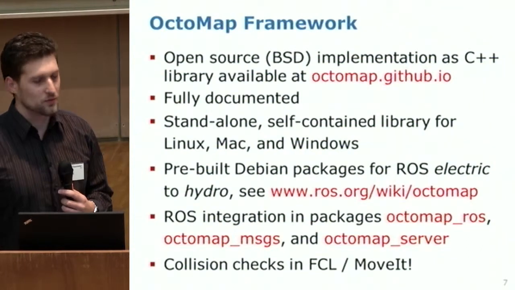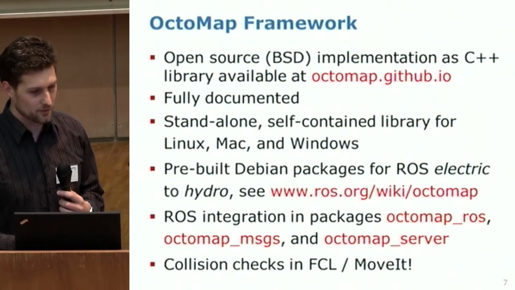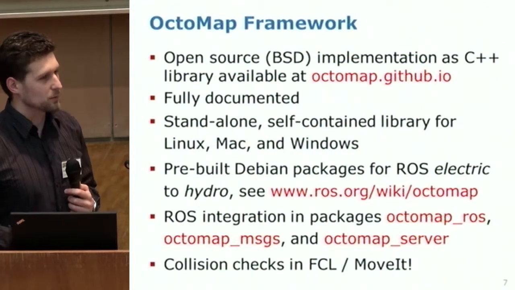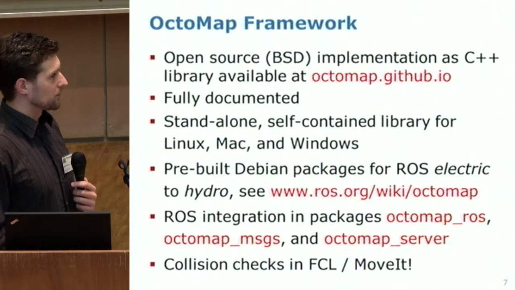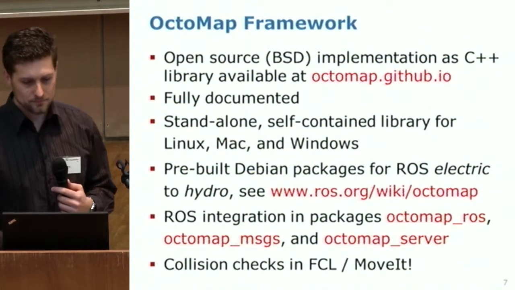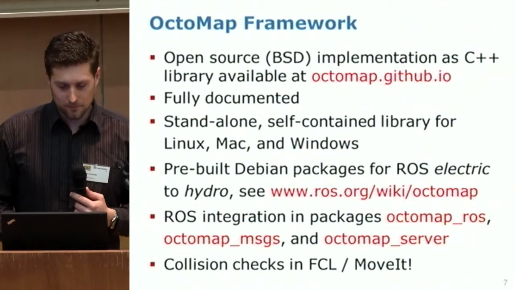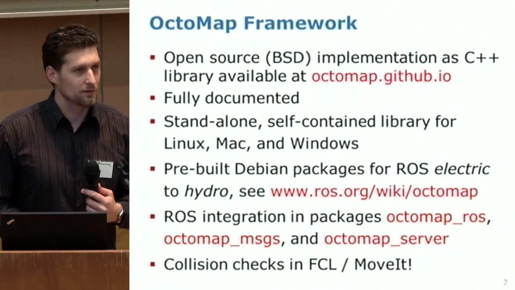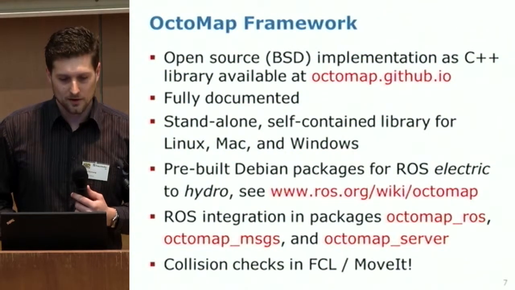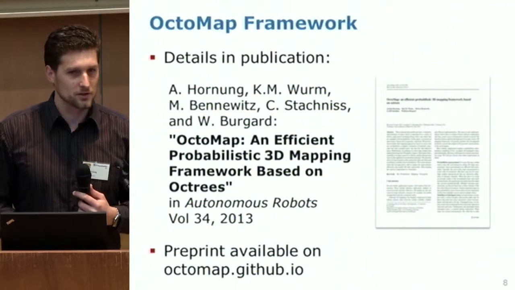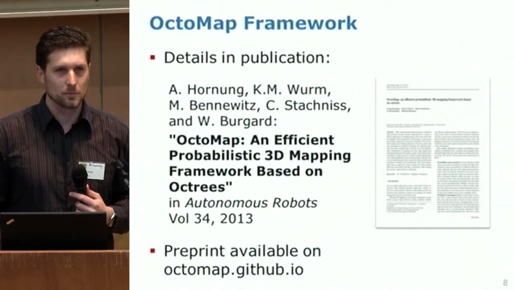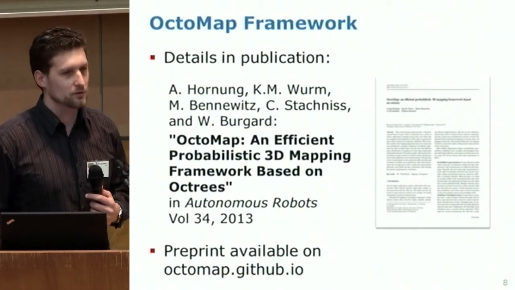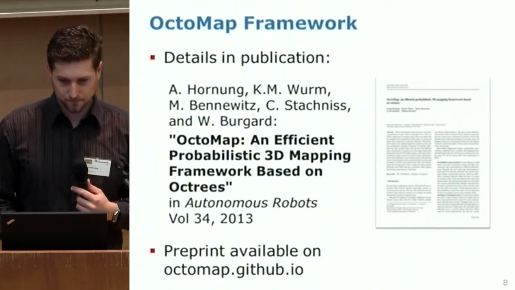And as we've seen in the last talk, what's really nice is that if you're using OctoMap, you can directly employ collision checks in FCL, the Flexible Collision Library, and it's directly running in MoveIt. These are some advantages. For further details, we have a publication which has been recently accepted to the Autonomous Robots special issue on open source software for robotics. So if you want to look up some details which are not covered by the talk, check out the paper. It's also linked from the OctoMap homepage.